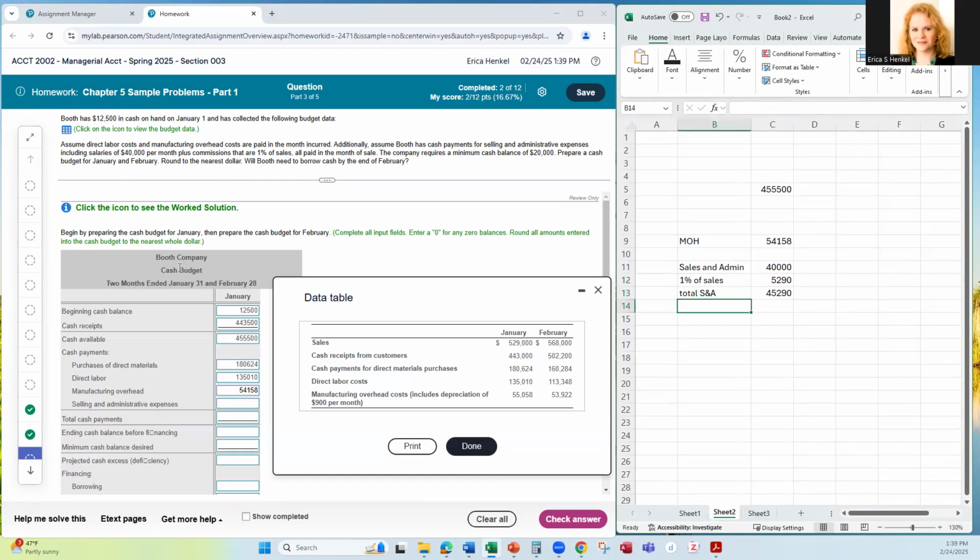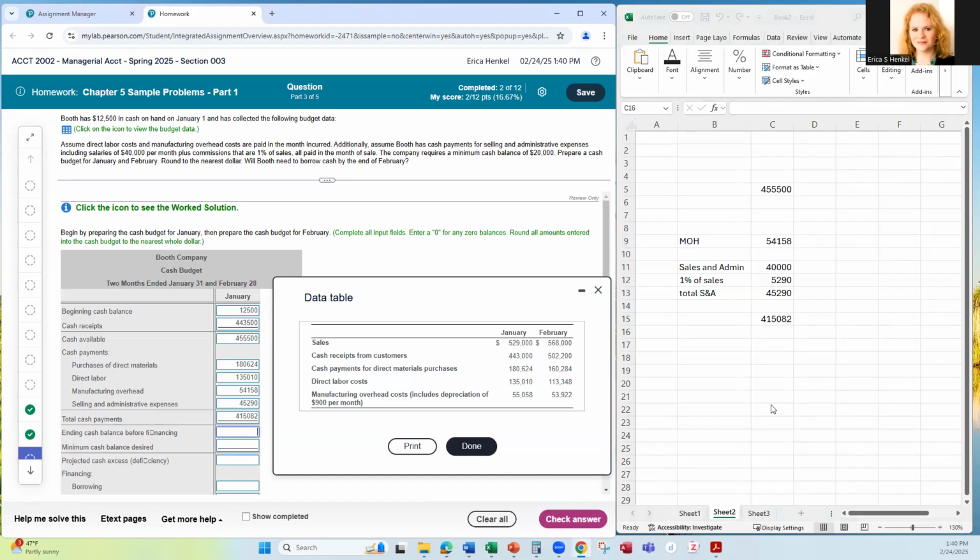So adding those two together, it's 45,290. All right, so the total cash payments is going to be all of those added together: 415,082.